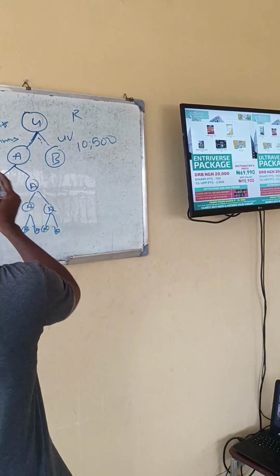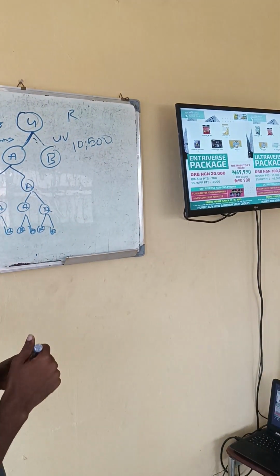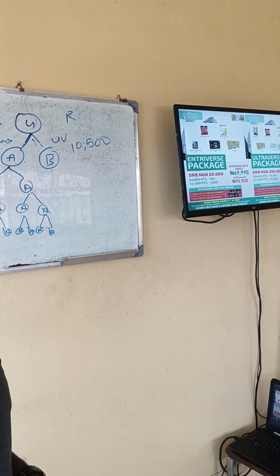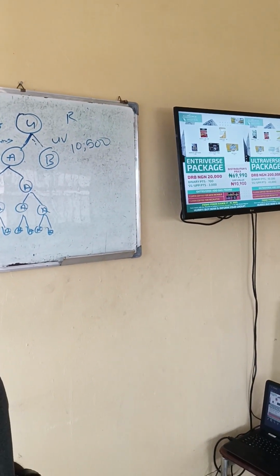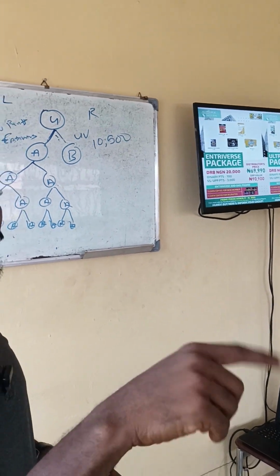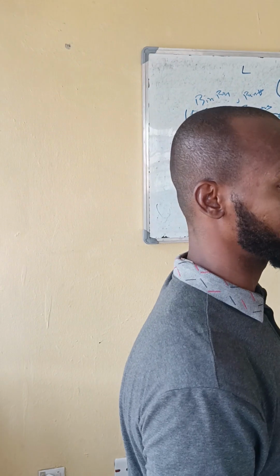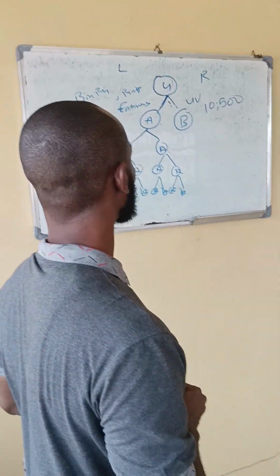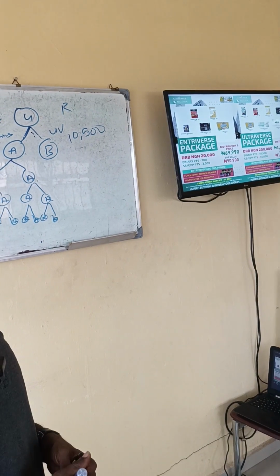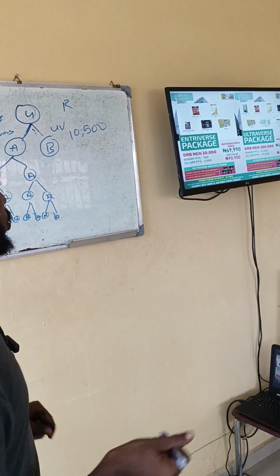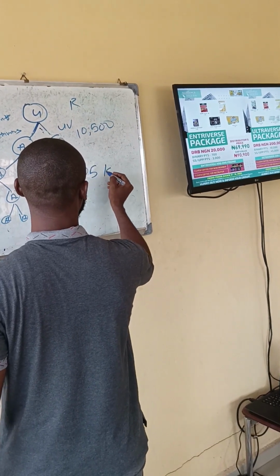So multiply 7,000 by 15 matches. You've made how much? 105K.